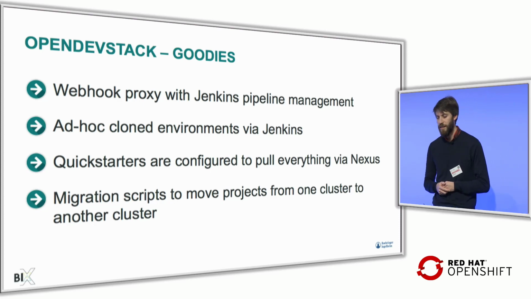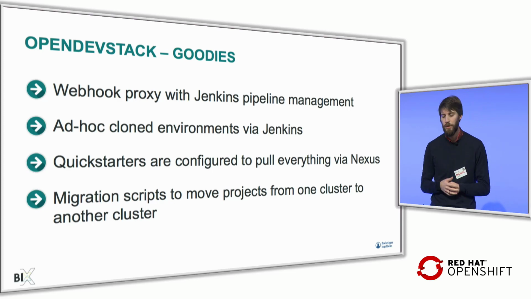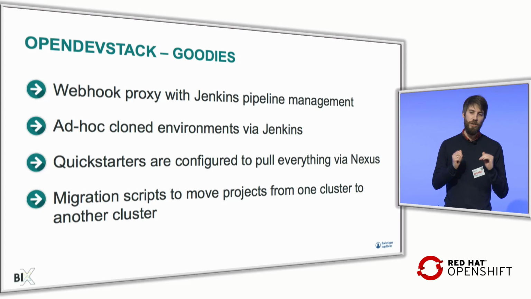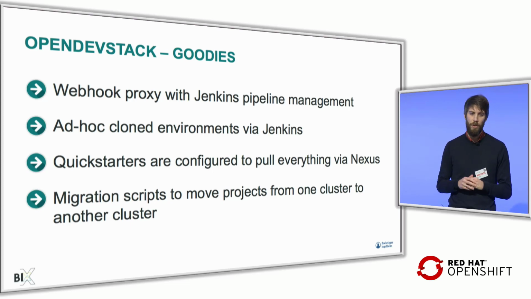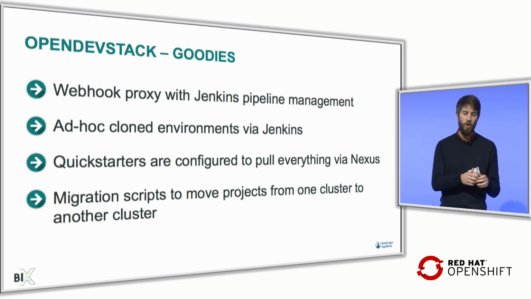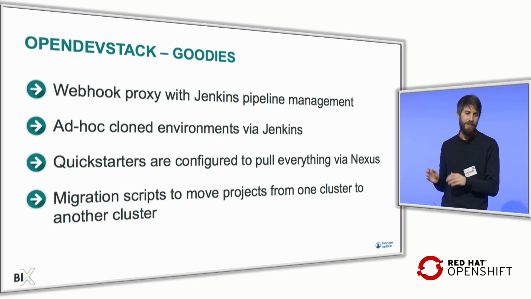We've also built in an ad hoc cloning of environments via Jenkins. So for example, in Jira, I have user stories, and for all my user stories, I want to spin up a separate review environment that is cloned from my normal dev environment. I want to have the same OpenShift resources, but I want them separately under a separate URL.